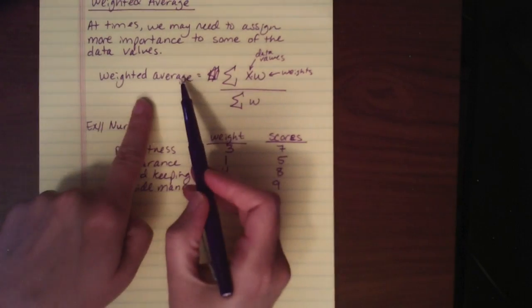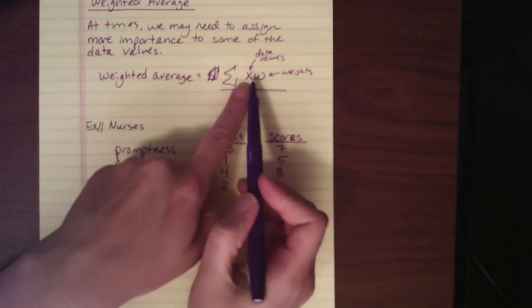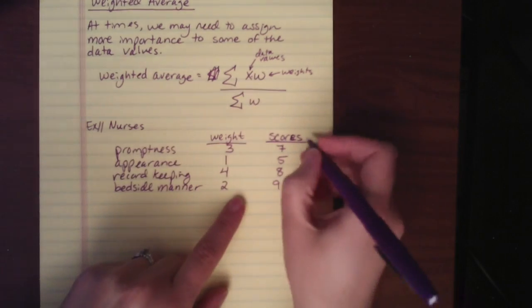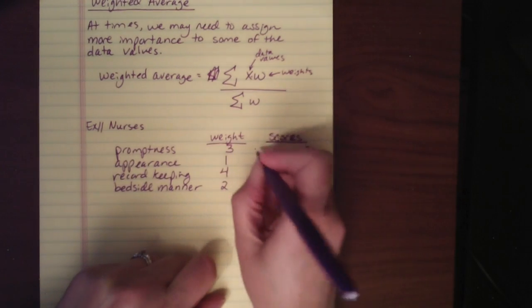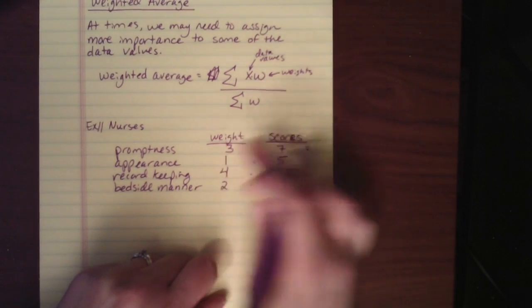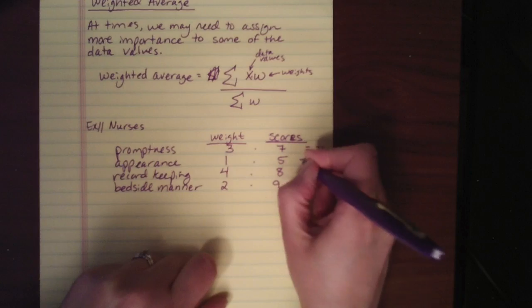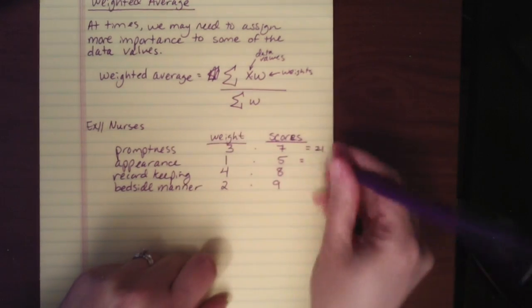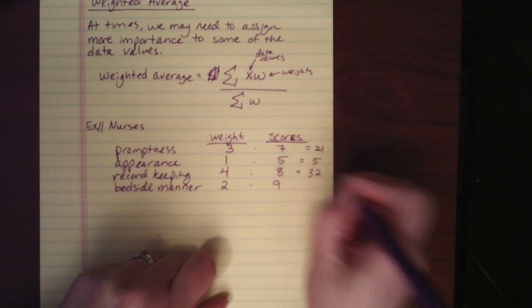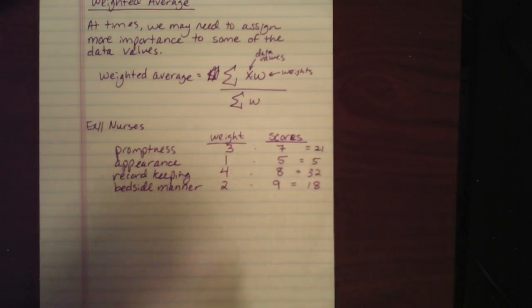So the way that the weighted average works, we need to find the sum of the products of the data values and the weights. So the products just mean to multiply. So I will take each data value, each score, multiply by its weight. So I get 21 in promptness, I get 5 in appearance, 32 in record keeping, and 18 in bedside manner.